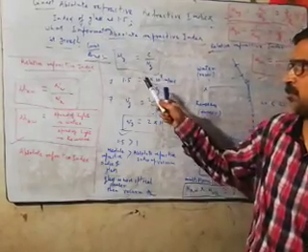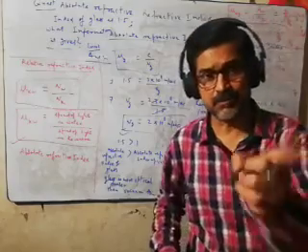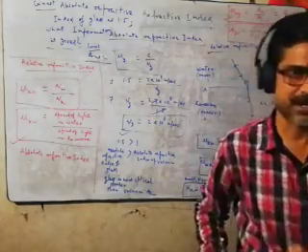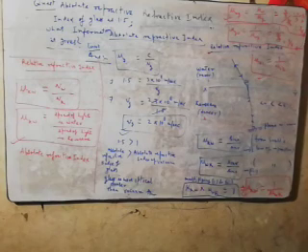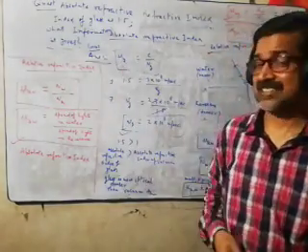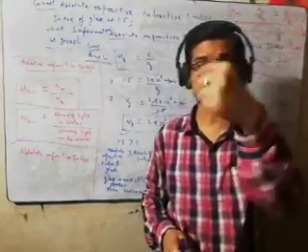So in absolute refractive index we write mu g. Mu is a Greek letter and g is for glass. Mu, the Greek letter, is used for refractive index. Sometimes small n is also used.